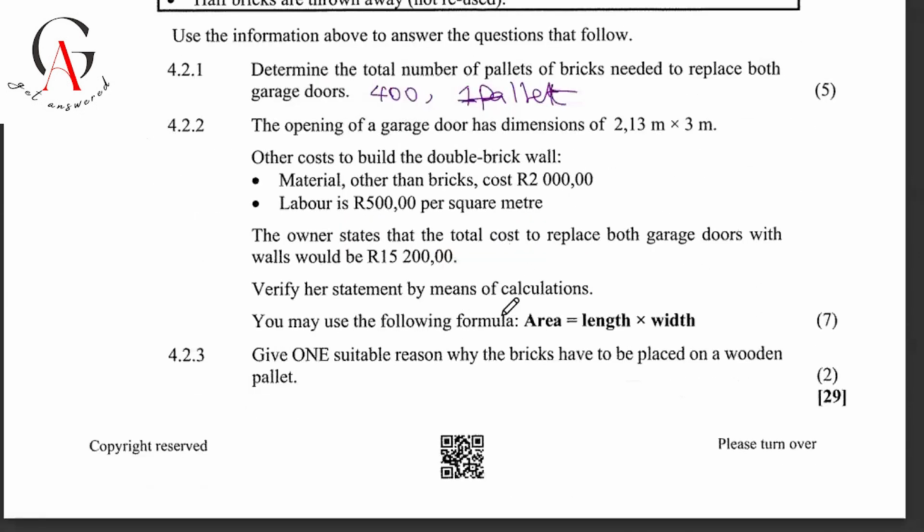The opening of the garage has a dimension of 2,13 meters by 3 meters. Other costs: they build a double brick wall. You have material other than the bricks, which will cost 2,000. Labor will cost 500 per square meter.